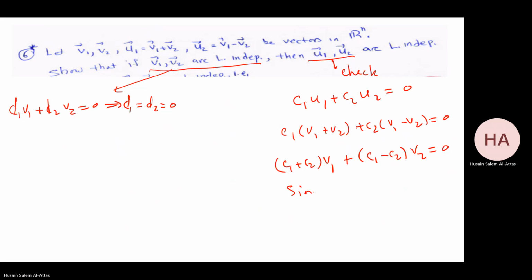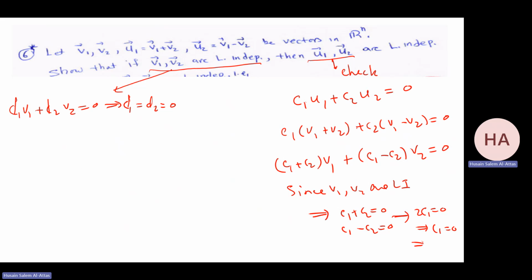Since V1 and V2 are linearly independent, the constants must equal 0. If I solve this system, I get C1 equal to 0, so C2 equal to 0. It means U1, U2 are linearly independent.